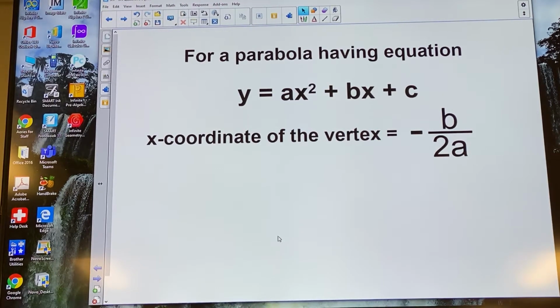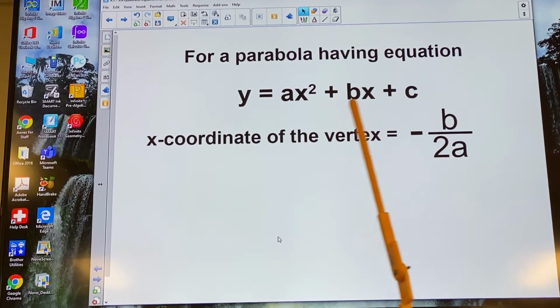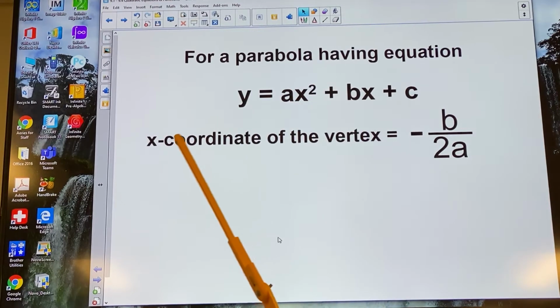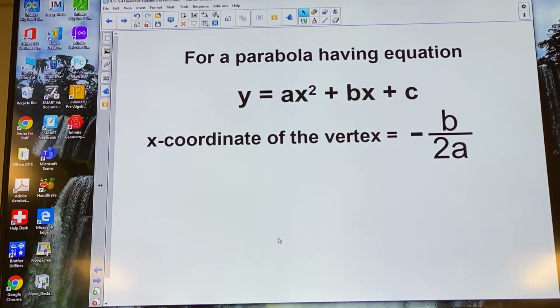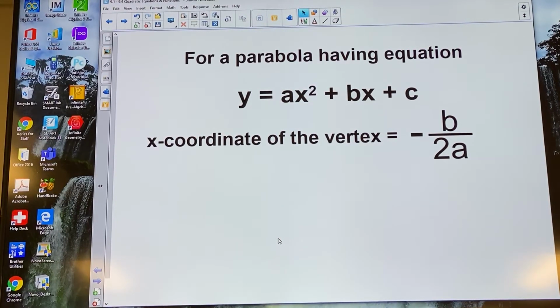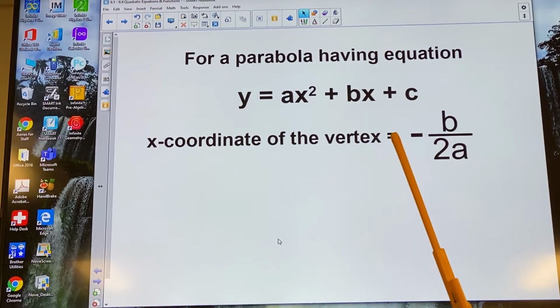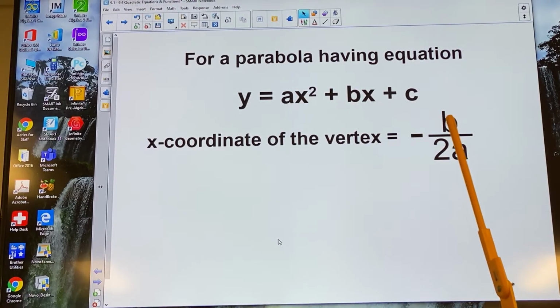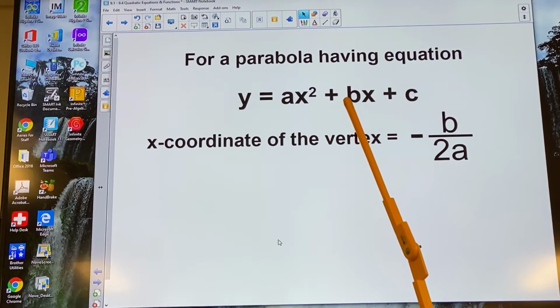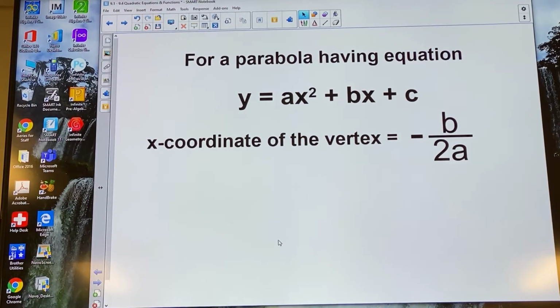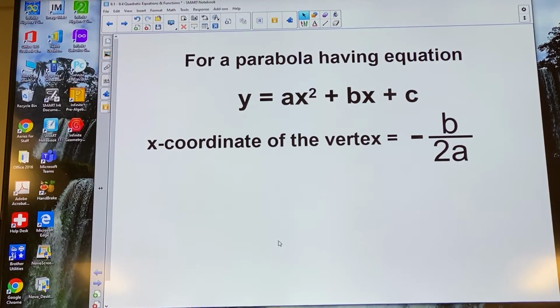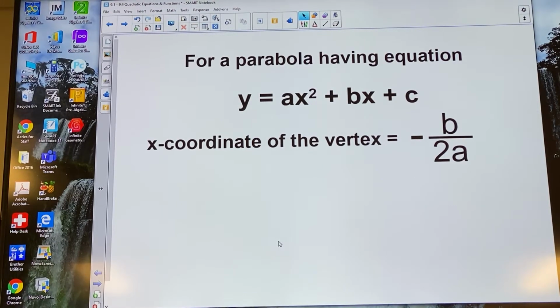For a parabola having this equation, just the general parabola equation, the x-coordinate of the vertex, which is also the axis of symmetry, is x equals negative b over 2a, right? Negative b over 2a. So you just have to use that formula. That gives you the x-coordinate of the vertex.